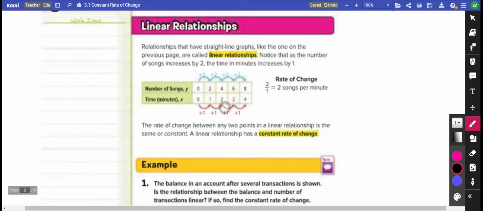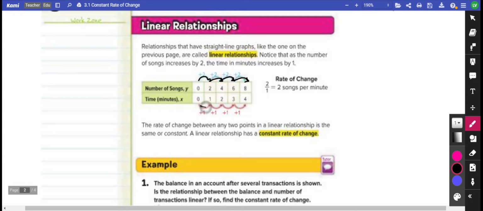A linear relationship. Relationships that have straight line graphs, like the one on the previous page, are called linear relationships. Practice saying the word linear. Notice that as the number of songs increases by 2, the time increases by 1. So the number of songs, y, goes up by 2 each time, from 2 to 4, 4 to 6, 6 to 8.